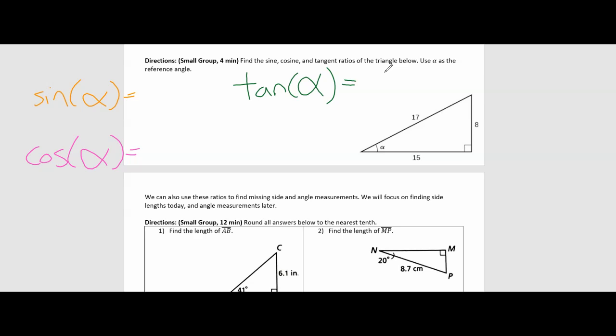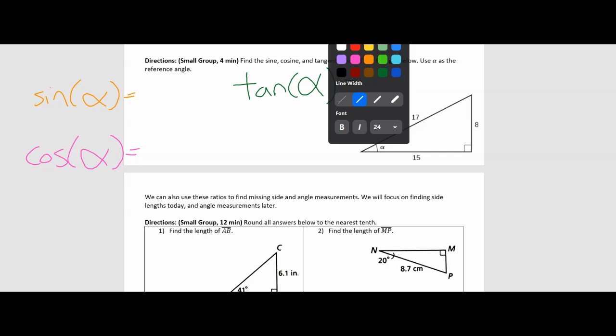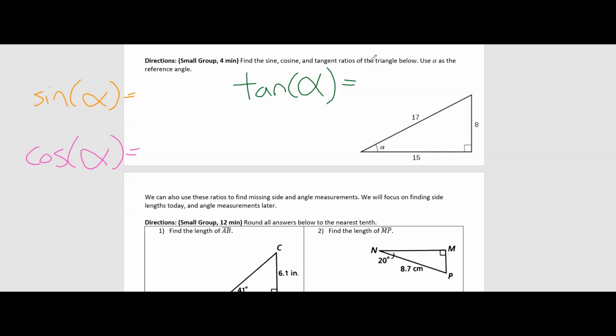Okay, for sine, it's going to be opposite over hypotenuse. But we should label these sides, right? It'll make it a little bit easier for us. So the opposite side to our reference angle alpha is 8. The hypotenuse is 17. The adjacent side is 15. So sine, opposite over hypotenuse, that's going to be 8 over 17.